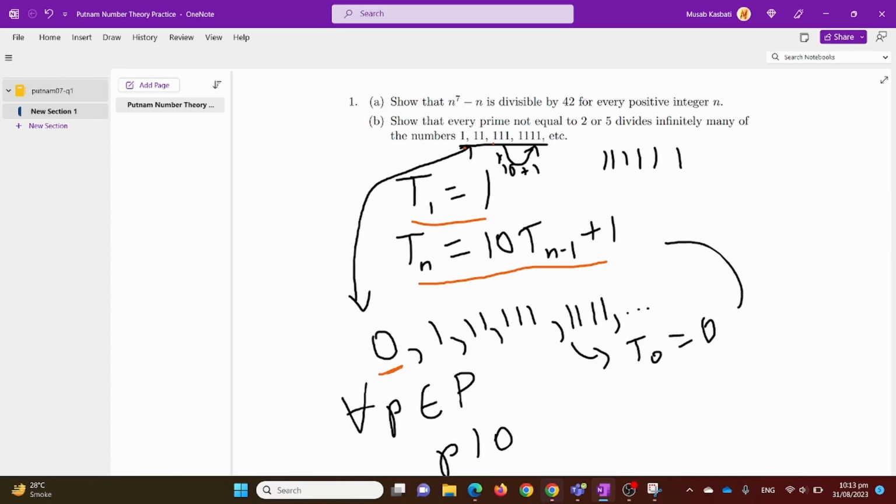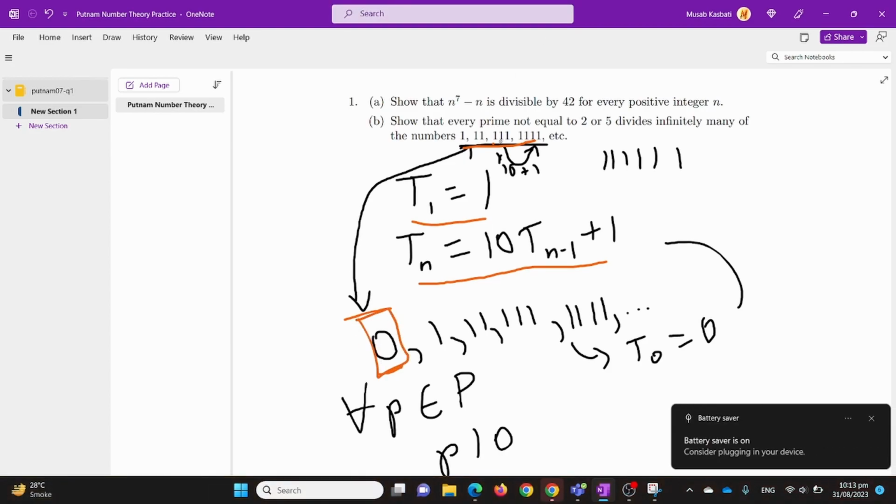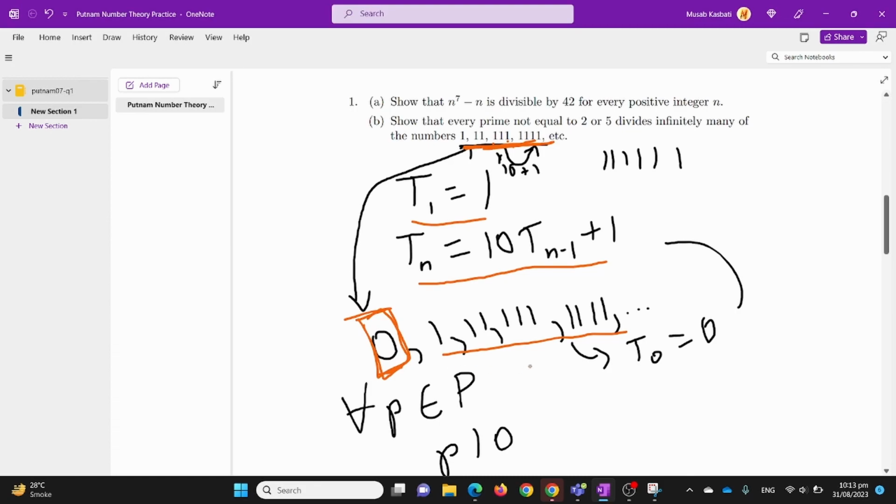And if this statement is true for this, it's true for this, and vice versa, because I just added a single term. So if it wasn't true here, then adding a finite number of terms will not make it true here. If it was already true here, then since this series already contains all of the same numbers, then it will also be true here.